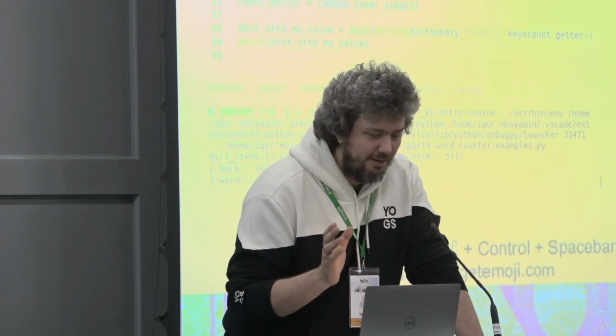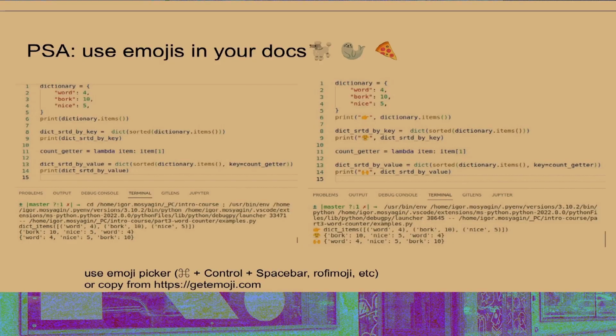And if you look on the left-hand side, you can see that it's kind of hard, especially for a beginner or someone who is not familiar with how Python works, to find out which line in the output below corresponds to something in the code above. But if you look on the right-hand side, we can see that every line has a particular emoji, and you can sort of quickly find it up there.